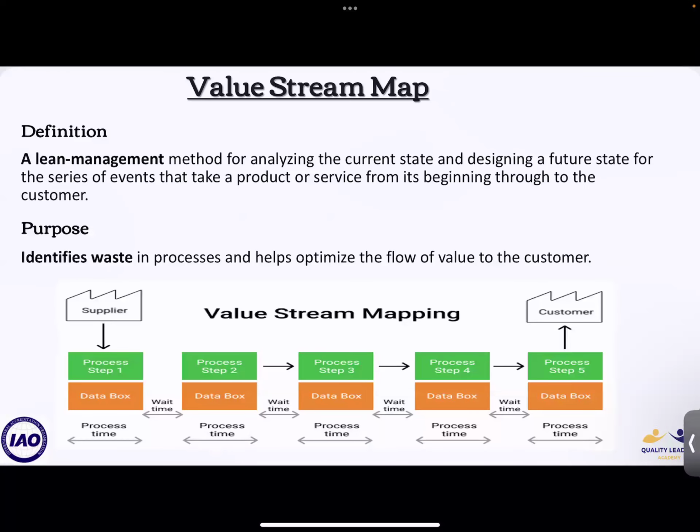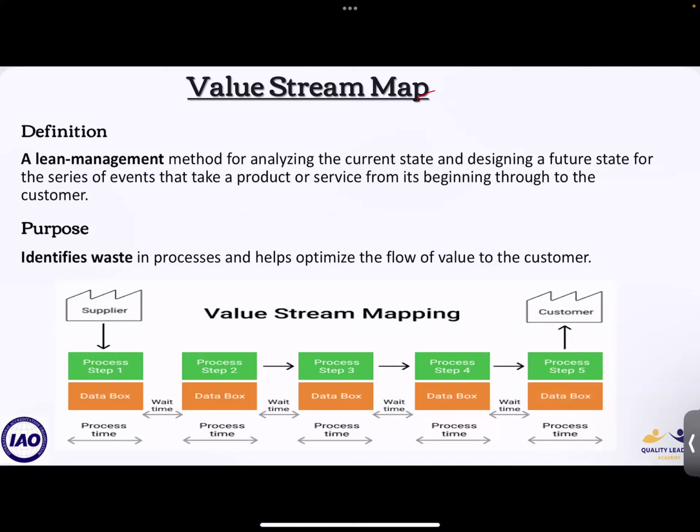We are going to explore one of the most impactful tools in lean management, value stream mapping, or VSM for short. Let's start with the definition. Value stream mapping is essentially a tool or method that helps us look at the bigger picture of any process.